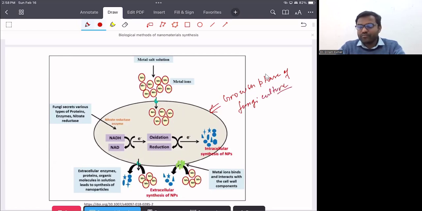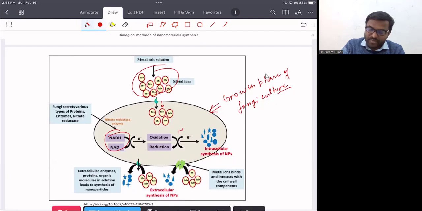If we take the growth phase of the fungus and add these metal ions, two kinds of mechanism may happen. One is that metal ions enter inside the cell, into the cytoplasm. In the cytoplasm we have this enzyme. In the presence of this enzyme, the enzyme gets oxidized, and the metal gets reduced to M0. This kind of process happens in the cytoplasm, and this is called the intracellular synthesis of nanoparticles.